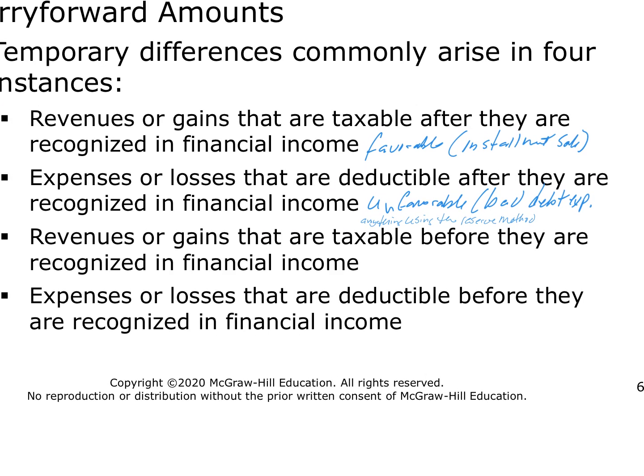Okay, what about revenues or gains that are taxable before? Okay, well, this is unfavorable, right? Because you're paying taxes up front. And so any kind of prepaid income. Okay, and then expenses or losses that are deductible before they are recognized for financial income.